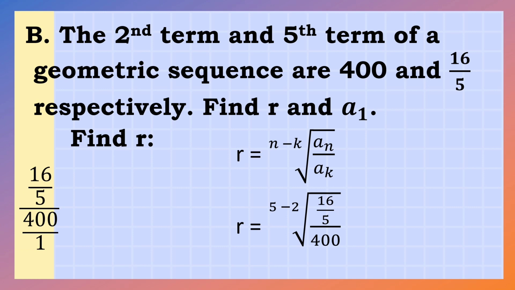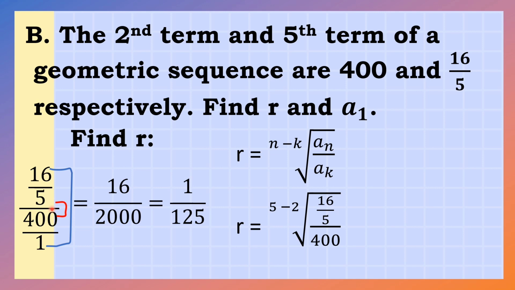Let's have 1 as the denominator of 400. Then we will cross multiply. 16 times 1 is 16, all over 5 times 400 is 2000. The answer is 16 all over 2000. Dividing both numerator and denominator by their GCF, and that is 16, we have 16 divided by 16 equals 1, and 2000 divided by 16 is 125.